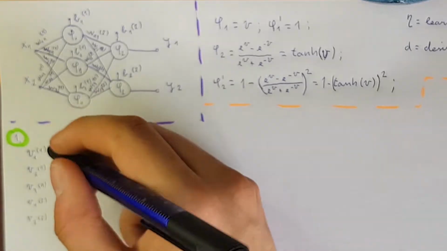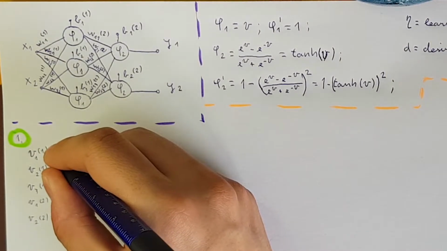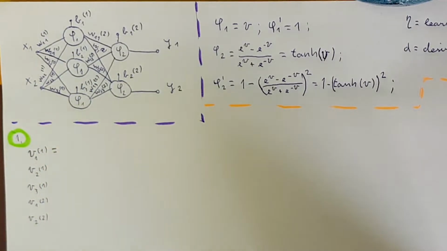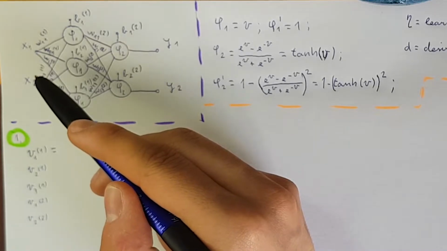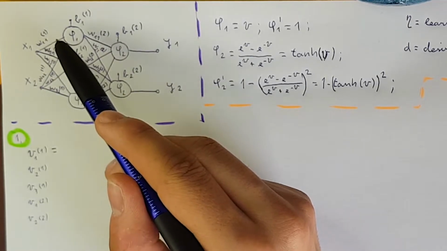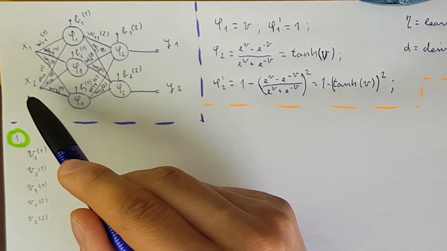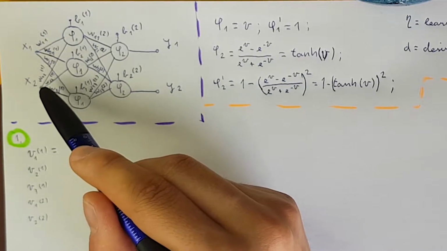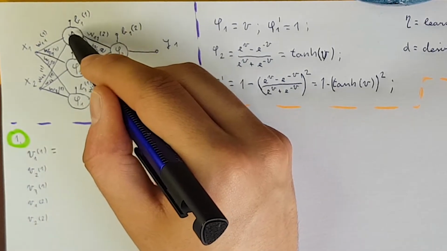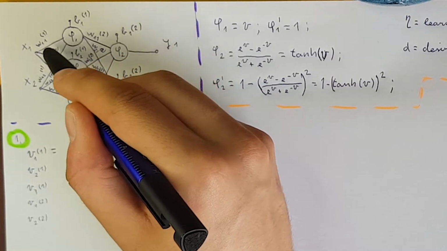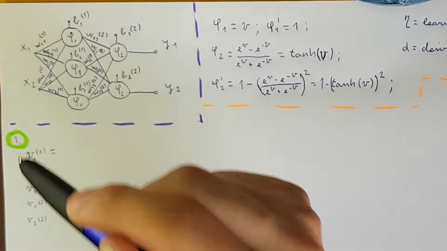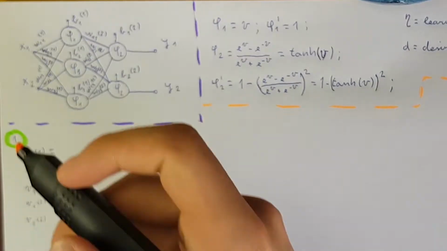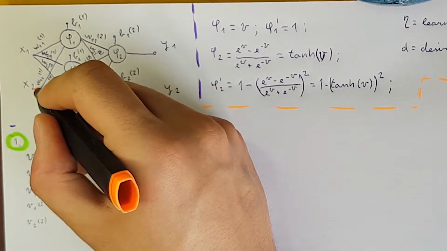So first, let's calculate the first layer neurons. The neuron is calculated by our input multiplied by a weight, plus another input multiplied by its weight, because this neuron is connected through these weights, this and this, to these inputs. I can show you, for example, like this.